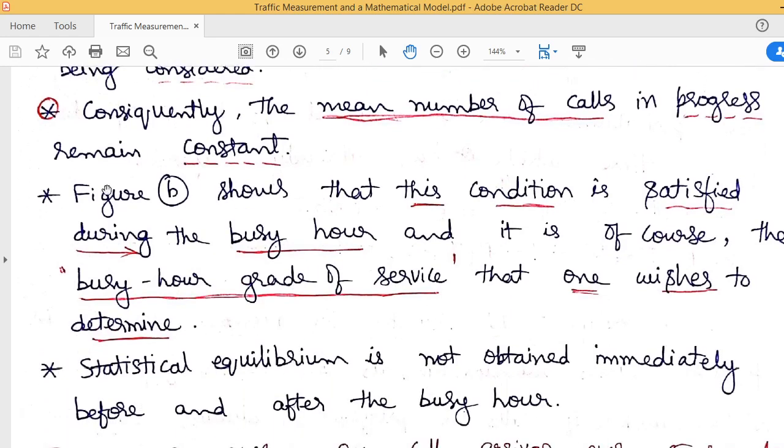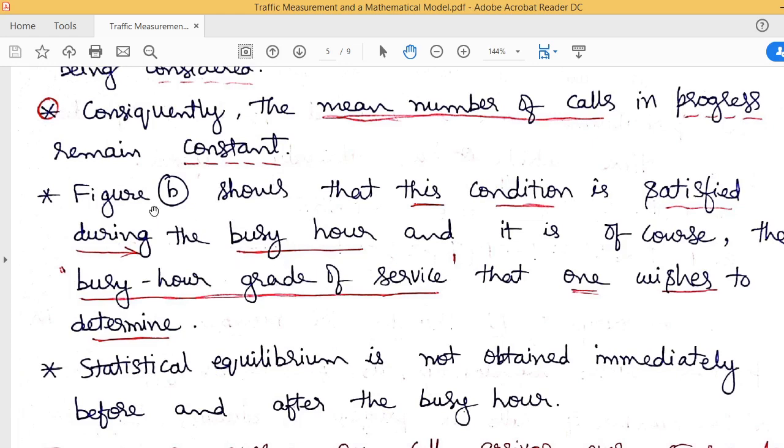Previously we discussed figure B, which shows that the statistical equilibrium condition is satisfied during the busy hour, and it is of course the busy hour grade of service we wish to determine. Statistical equilibrium is not obtained immediately before and after the busy hour. This is one important thing you should remember: statistical equilibrium holds good during the busy hour only.